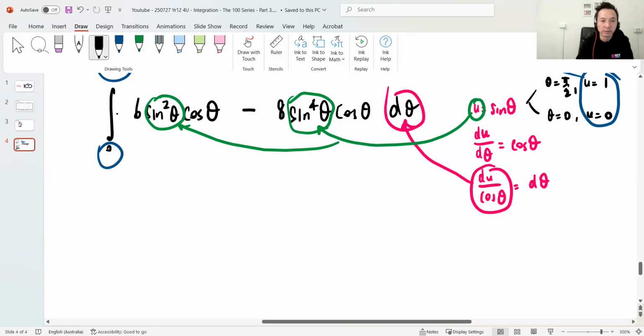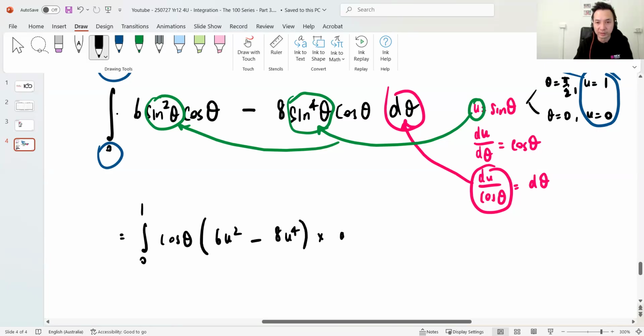Interesting. So then I get 0 to 1, 6 u squared. Now I can factorize the cos out, because it cancels out when I sub in du on cos: 6 u squared minus 8 u to the 4, multiplied by du on cos.